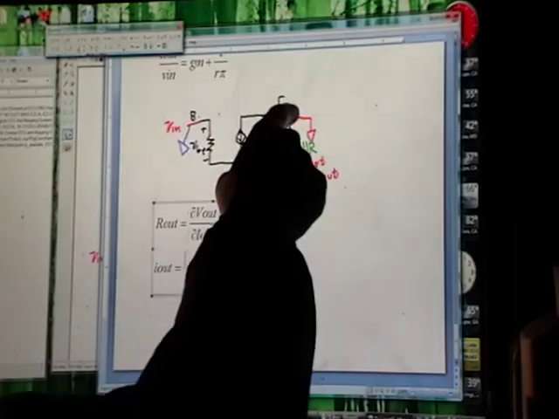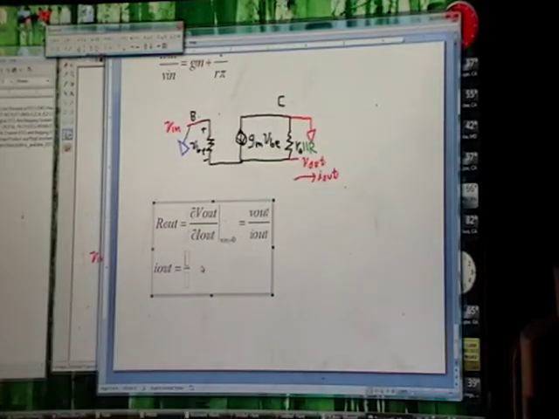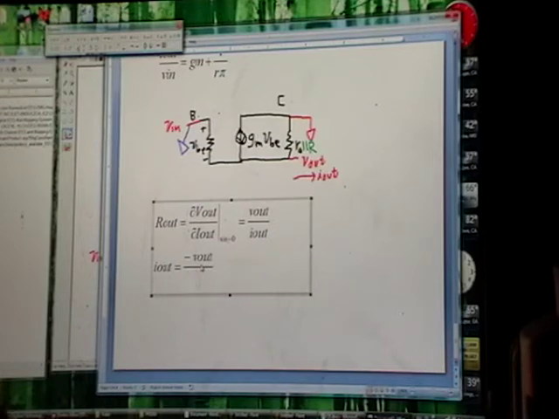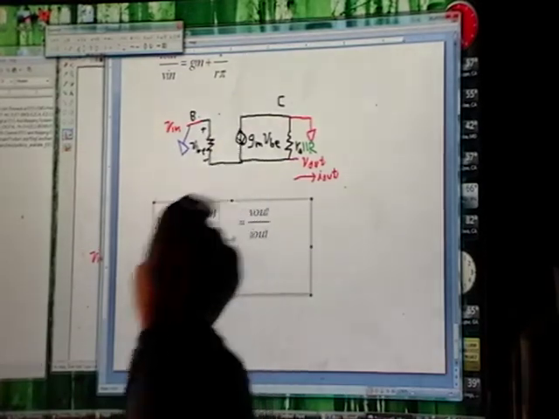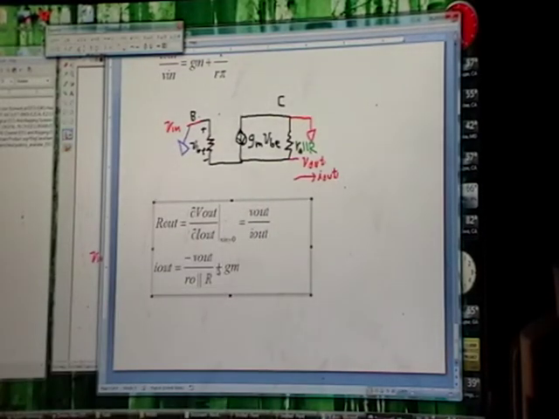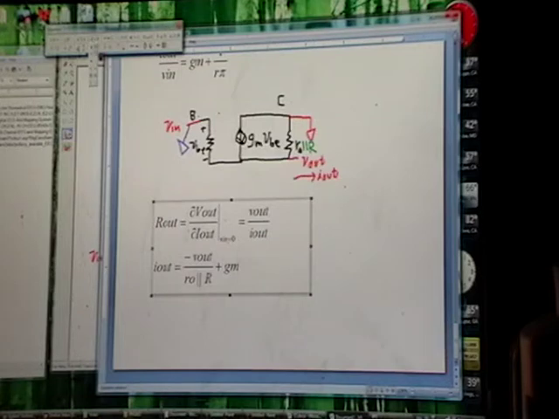So I out, the current through here is 0 minus V out. So minus V out over RO parallel with R, plus current through there. So we have the same thing we did last time before we did the simplification.